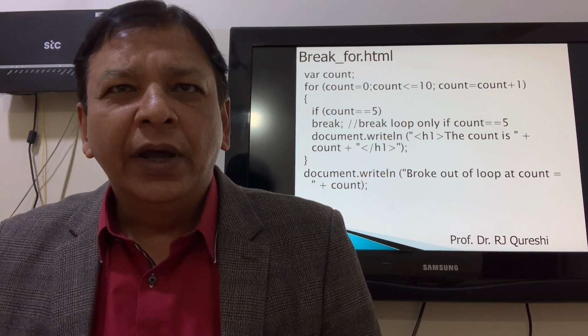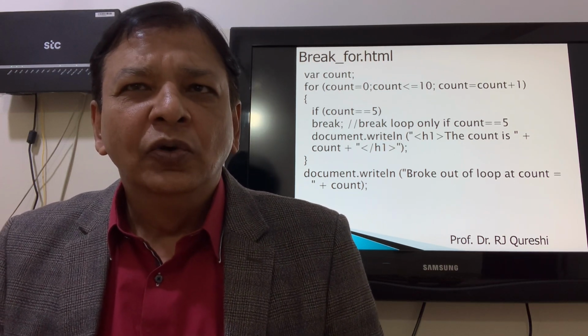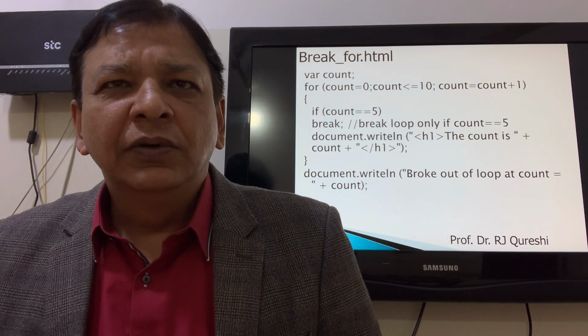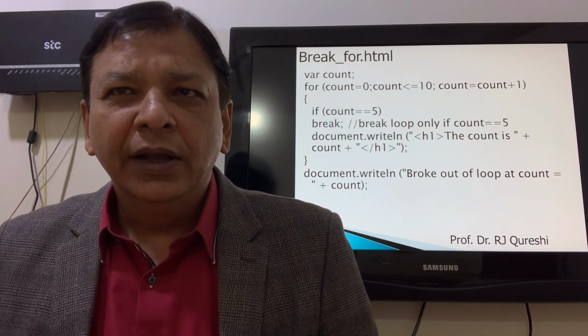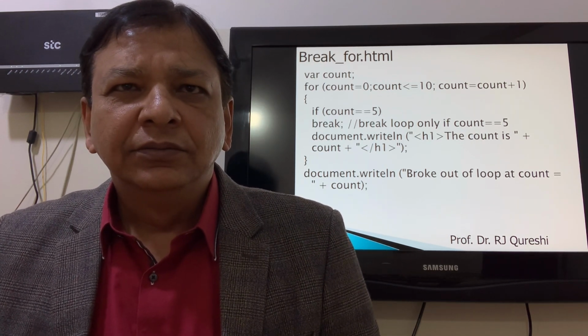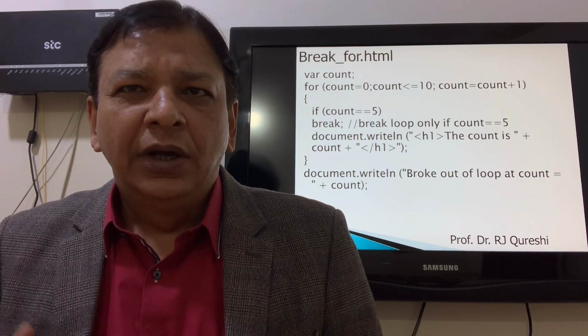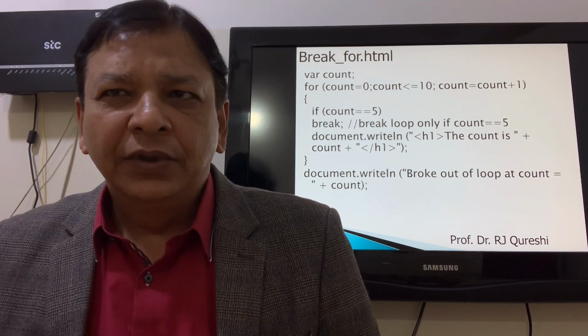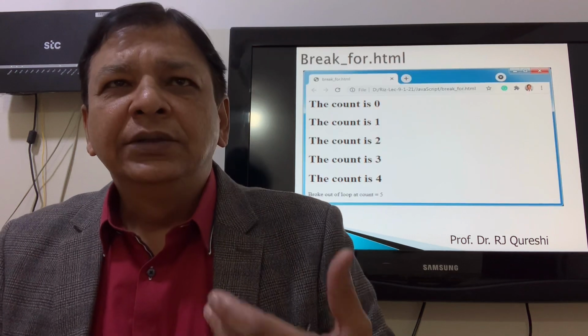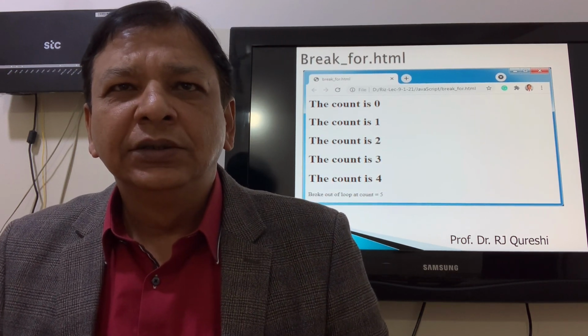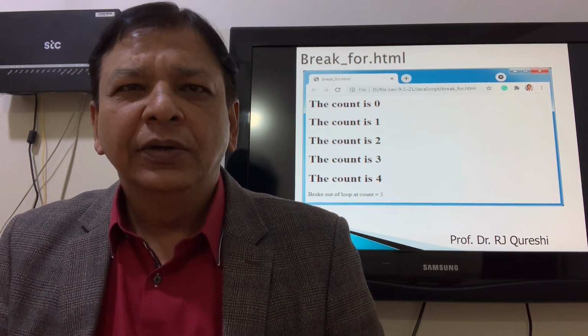If count equal 5, break the loop only if count equal 5. Document dot writeline, the count is the variable count. Document dot writeline, broke out of the loop at count, the count. That is the execution. The counter is 0 to 4 and breaks out of the loop.